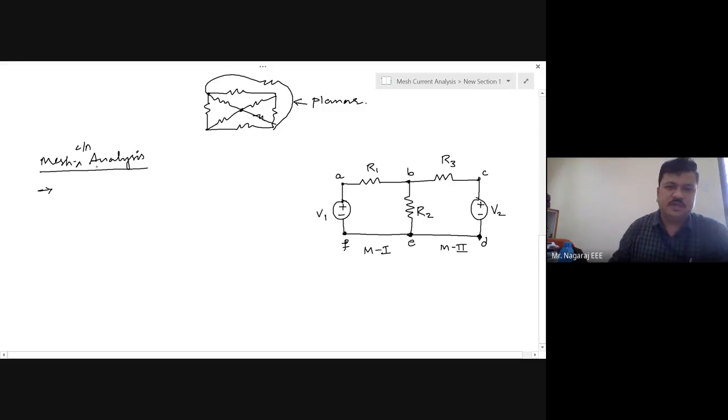So mesh current analysis is done by writing mesh equations by applying KVL to the meshes.